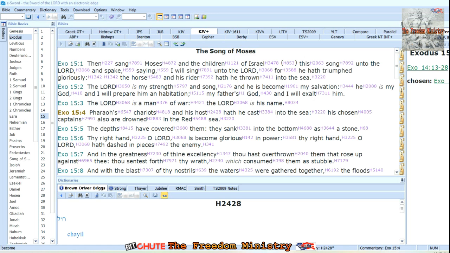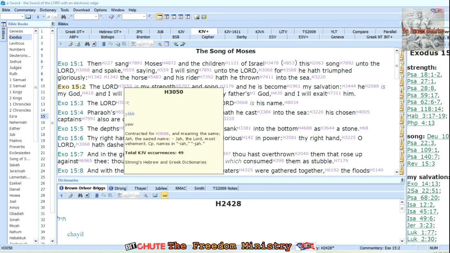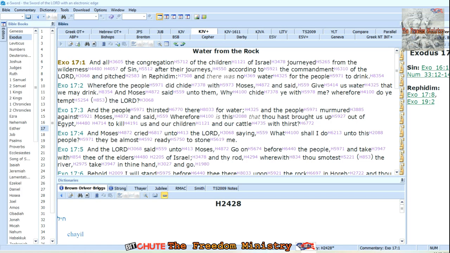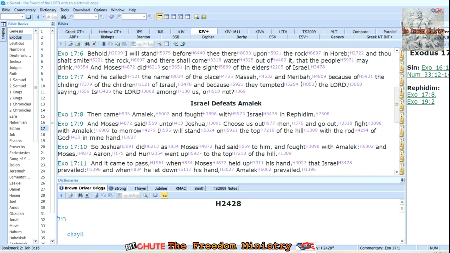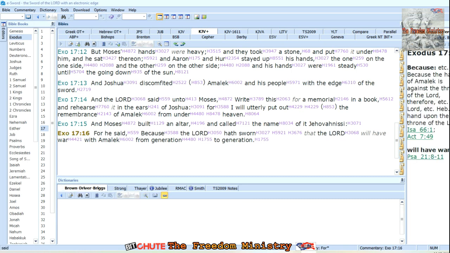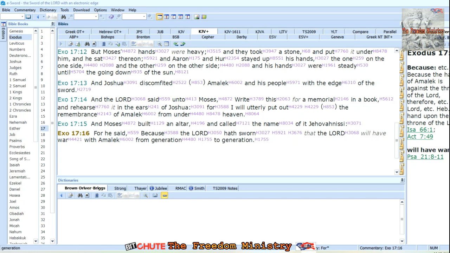Here's the King James with the Strong's Concordance numbers in there. And you will see, this is 15, so that's the shortened form, Yah in 15.2. Here's 17.16, we were just looking at in the Hebrew Tanakh, so you can see it's actually 2 different words. And here's the King James. If you only have a King James, you're going to see, for he said, because the Lord has sworn that the Lord will have war with Amalek from generation to generation.